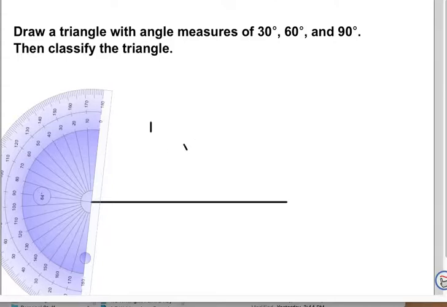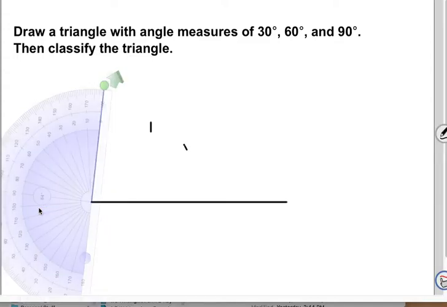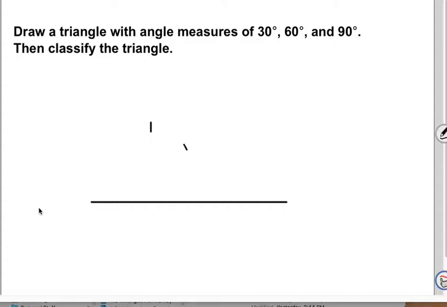Let me erase it. If I get rid of that, maybe then I could.